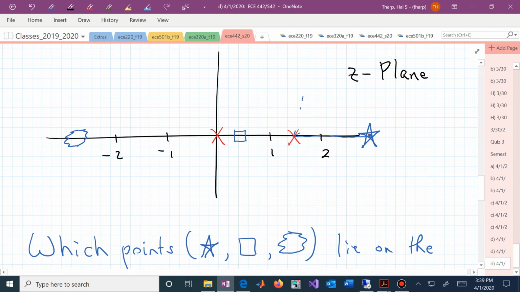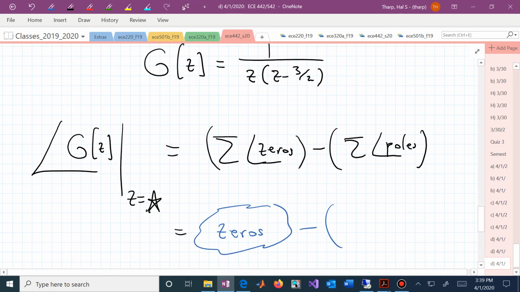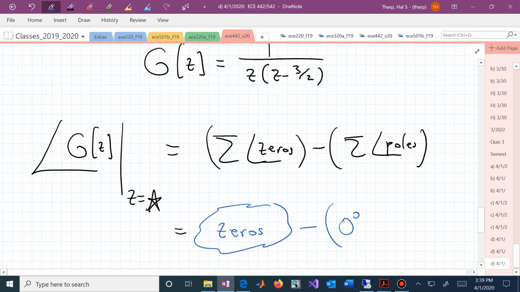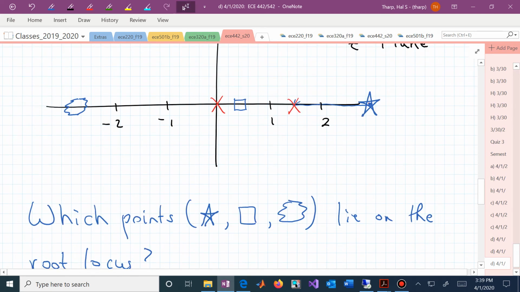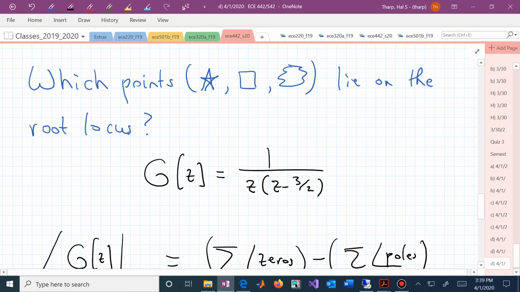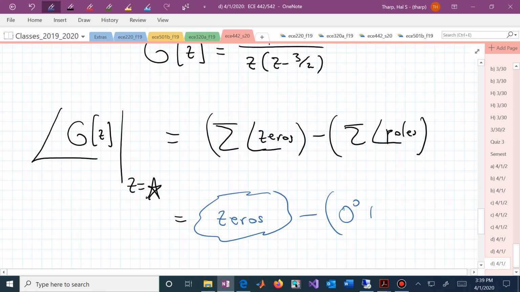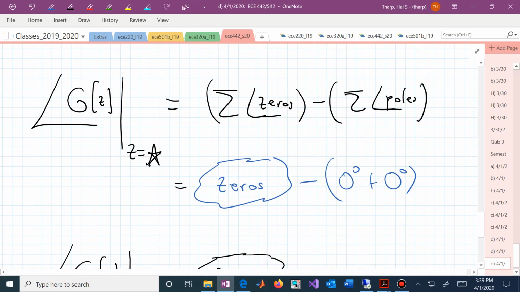Well, in this particular case, it looks through an angle of 0 degrees. What about the angle that this pole looks through to get to that star location? Again, it doesn't have to move in an angle relative to the angle that the pole at 3/2 looked through.